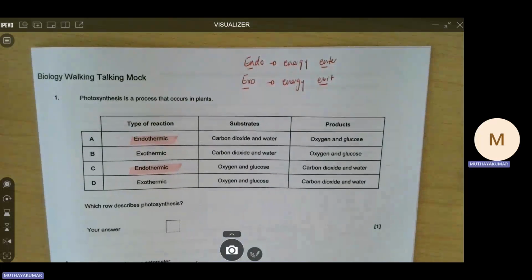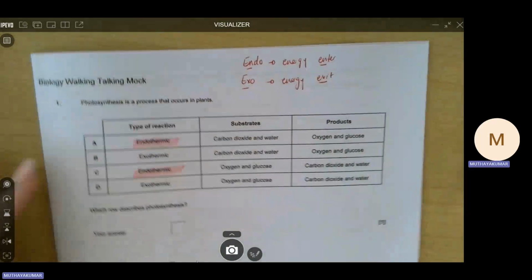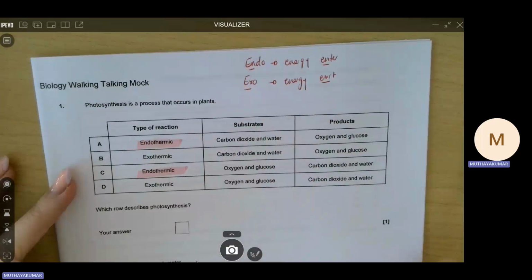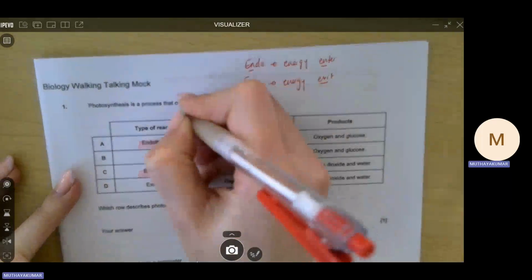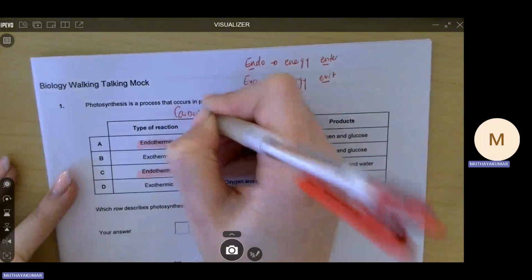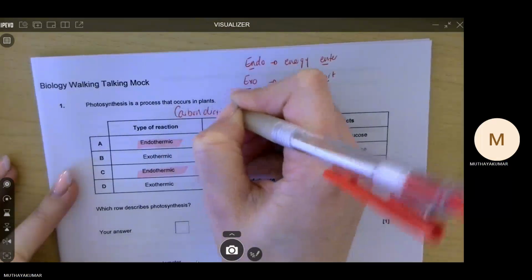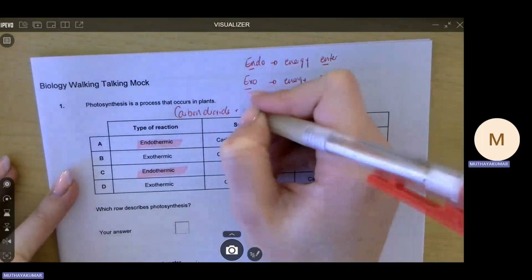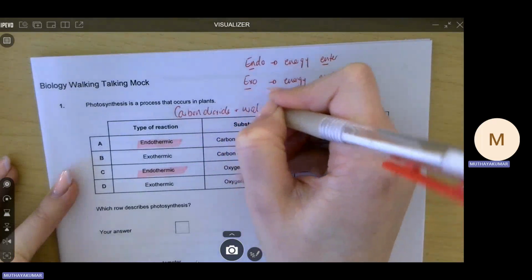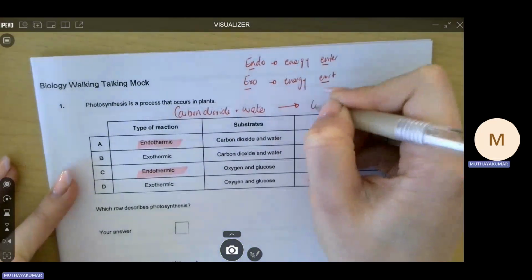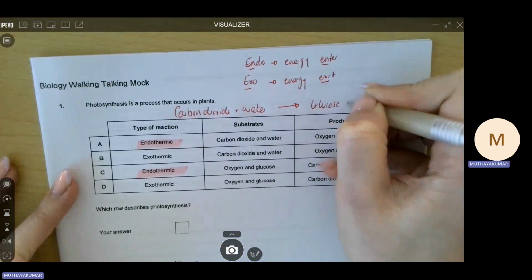Then you need to recall the equation for photosynthesis to see what's going to be a substrate and what's going to be a product. Okay, so the equation for photosynthesis is carbon dioxide plus water produces glucose and oxygen.